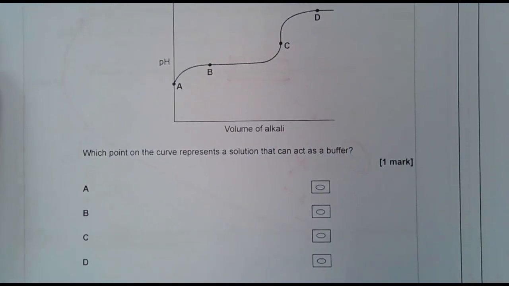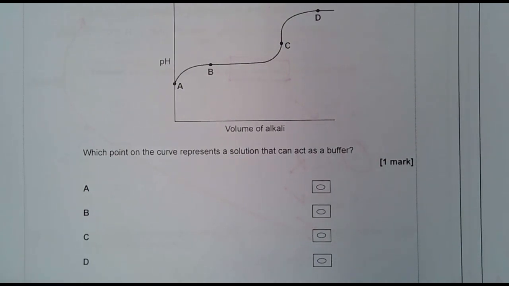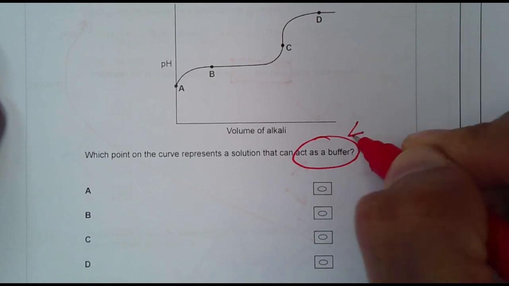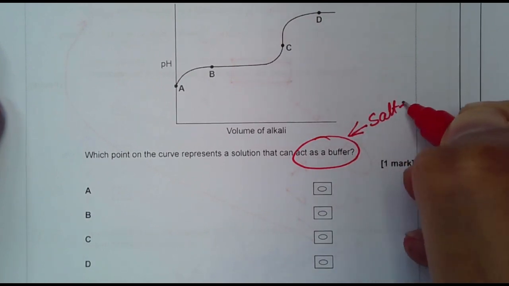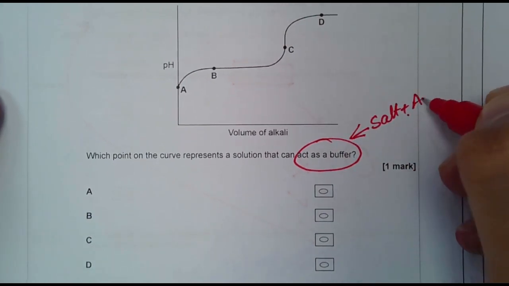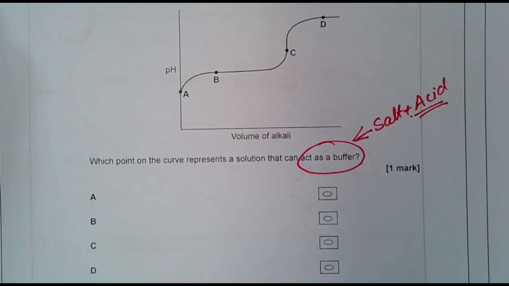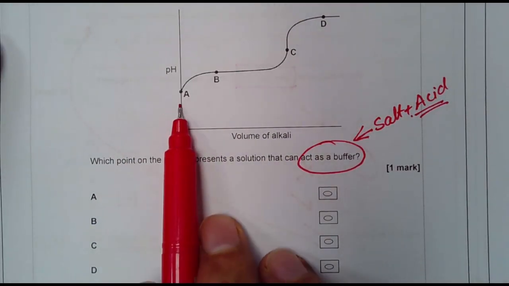Now the next part says the diagram shows the curve produced by adding strong alkali to a weak acid. Which point on the curve represents a solution that can act as a buffer? So what is a buffer? A buffer is salt plus acid in this case. So when do I have salt plus acid? Here it is all acid.